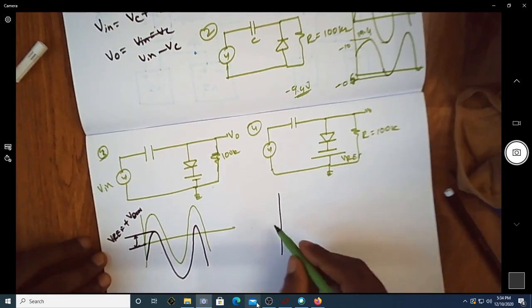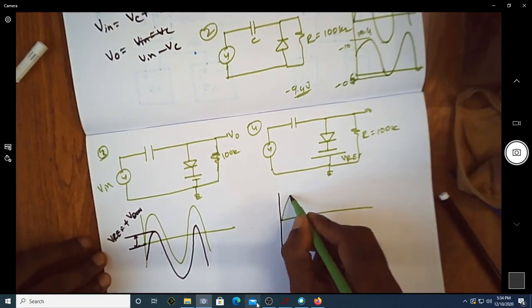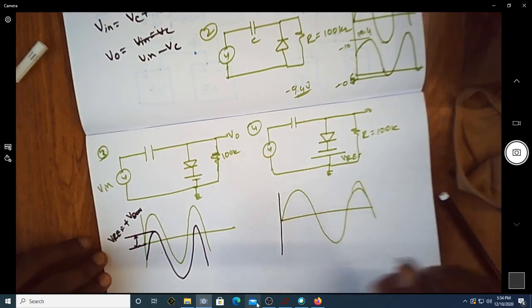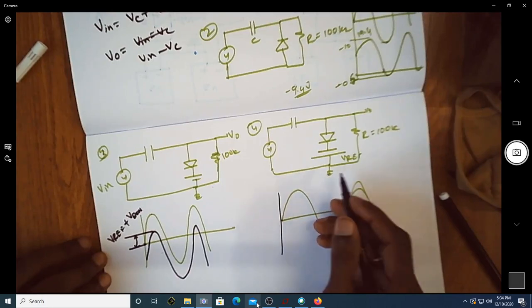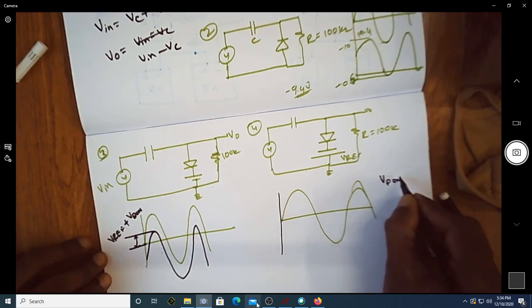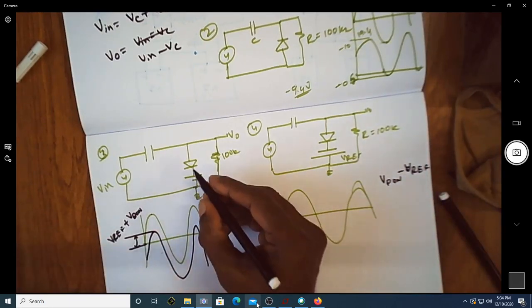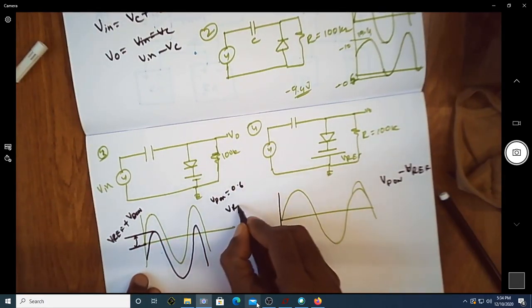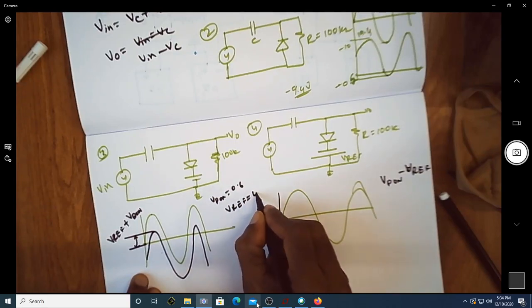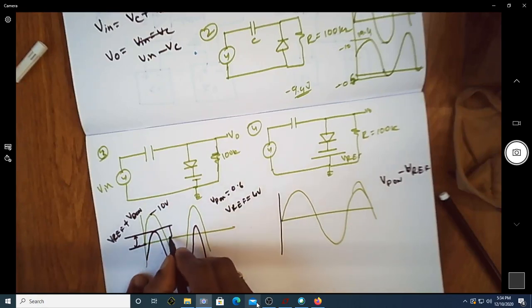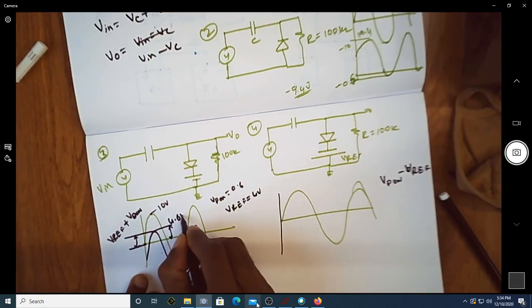If this is my input voltage, the positive peak will be clamped to VD on minus V reference. Assume that VD on is equal to 0.6, V reference is equal to 4 volt, and this is 10 volt, from here to here it would be 4.6 volts.